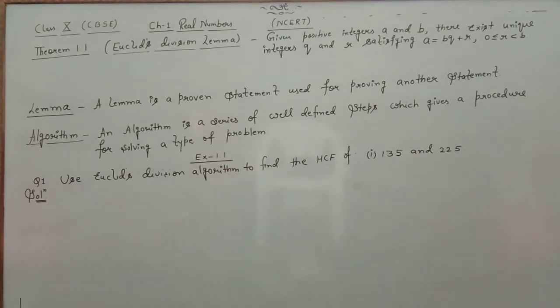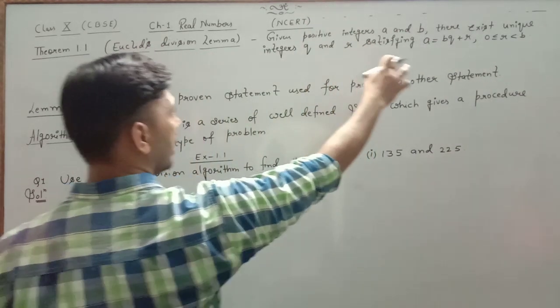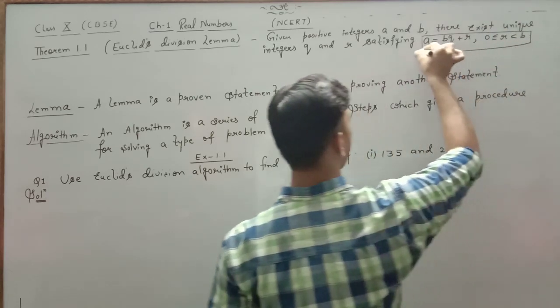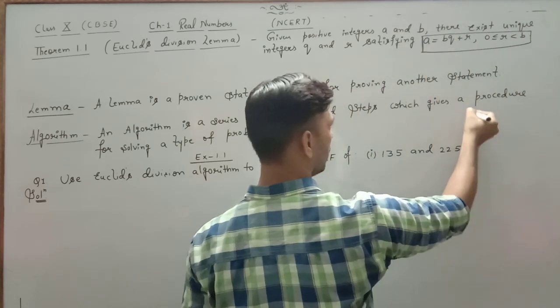Given positive integers a and b, there exist unique integers q and r satisfying a equals bq plus r, where r is always between 0 and b; equal to 0 is possible but not equal to b. How? See here.